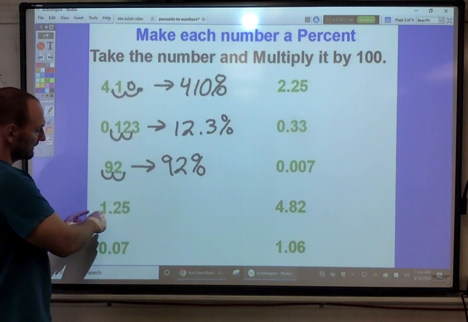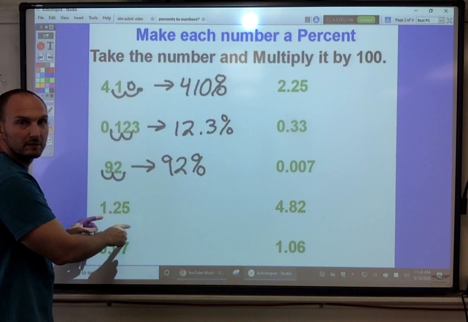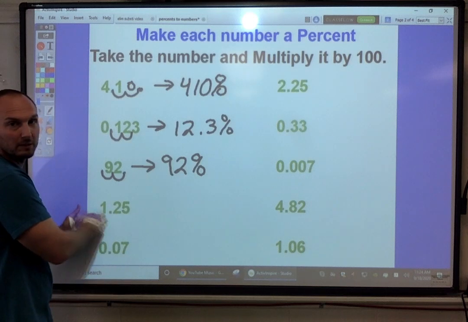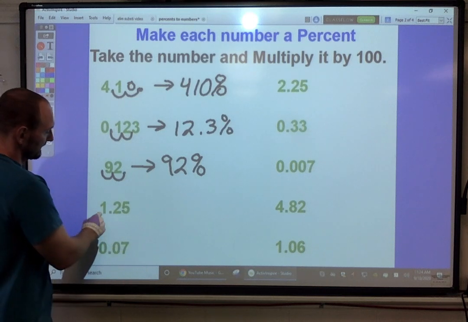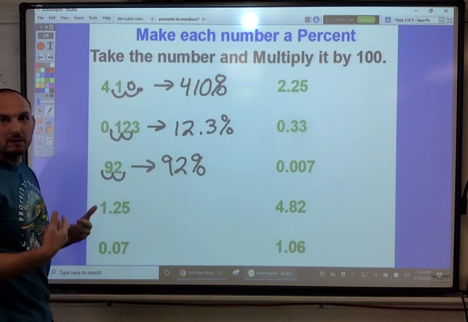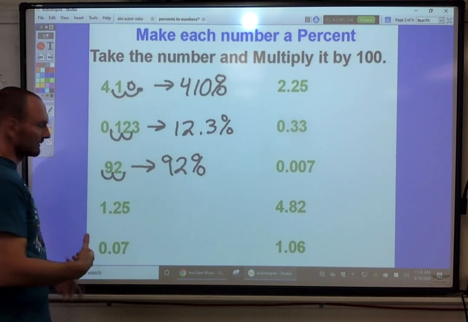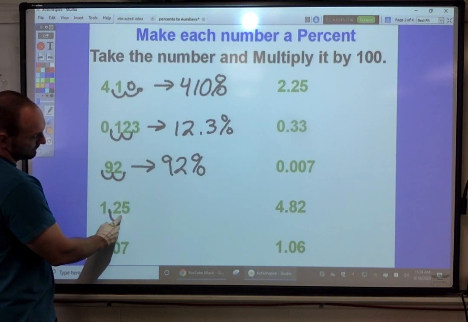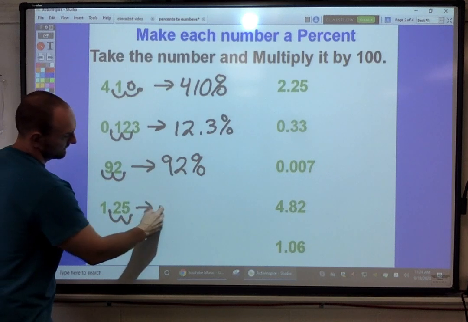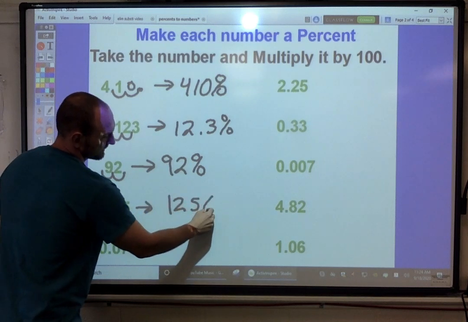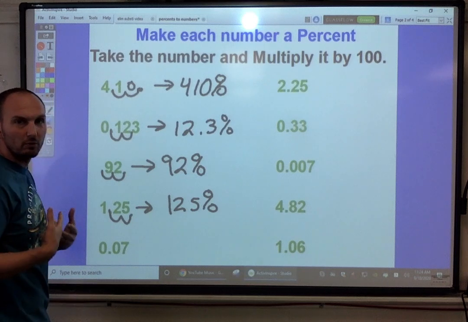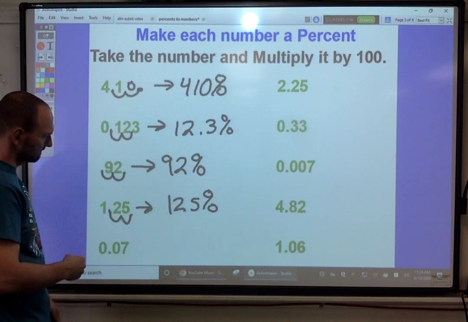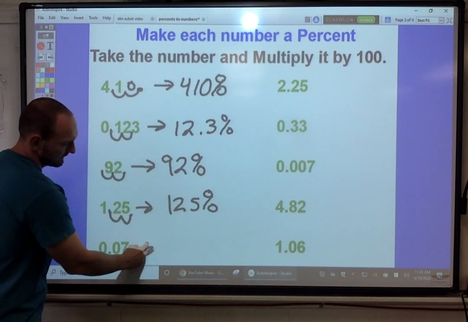But if I multiply by 1.25, I'm going to get 100% of my money, then this little extra. So your whole numbers are going to be the hundreds, so how many hundreds you have. So move our decimal 2 places, we have 125%. So we're keeping all that we had, and we're gaining a little extra. And you guessed it, that's 7%.